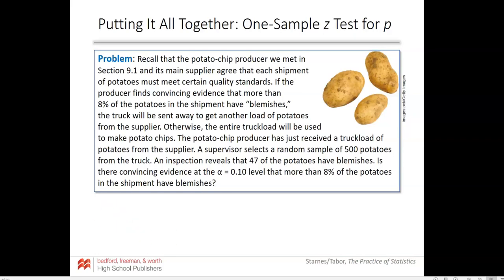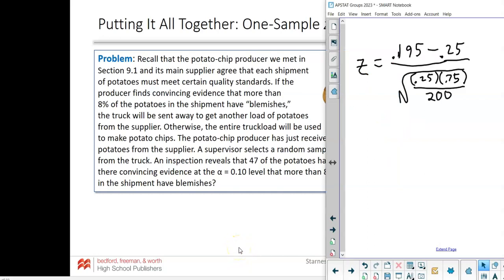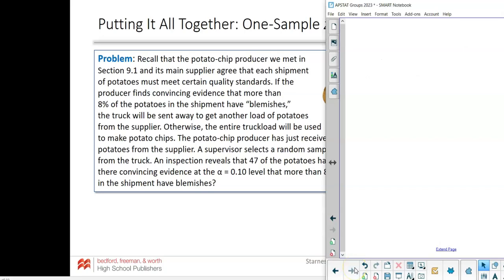So you want to just start going through and looking through stuff. The first thing you need to do is write the null hypothesis. In this case, I put a colon there, and then p equals 0.08. That was given to us.